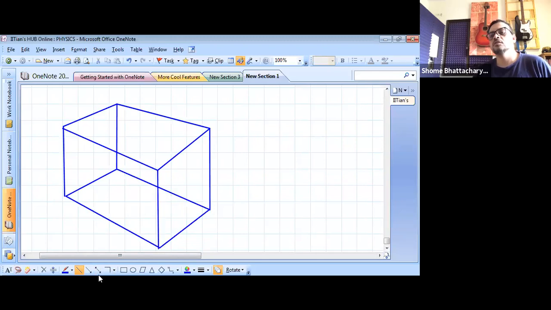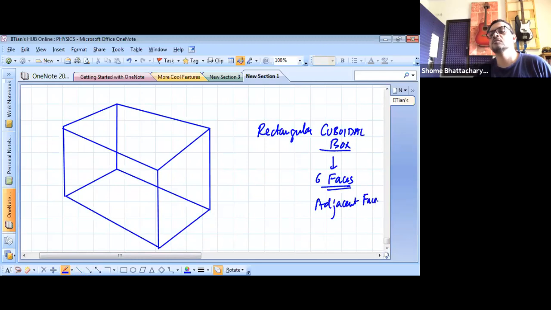This is a rectangular cuboidal box. It has 6 faces such that adjacent faces are perpendicular to each other.